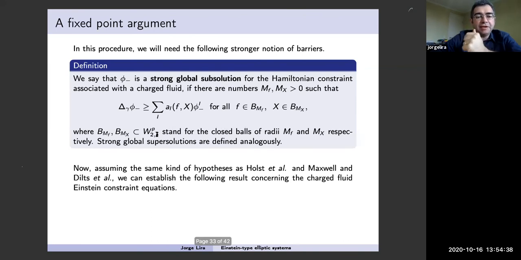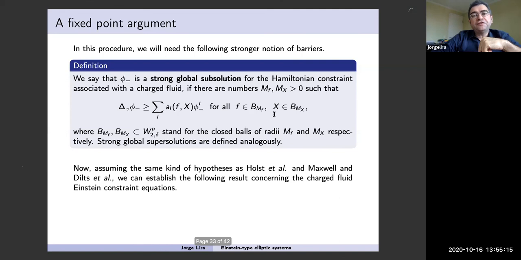Now it's more subtle here, because the definition of super solutions is the same formally, but now you have to guarantee that the super solution works for every F and every X. Notice that if you have F and X coming from the second and third equations, this F and this X are arguments for the coefficients of the first equation. So the sub-solutions have to refer to both data here that come from the third and second solutions.